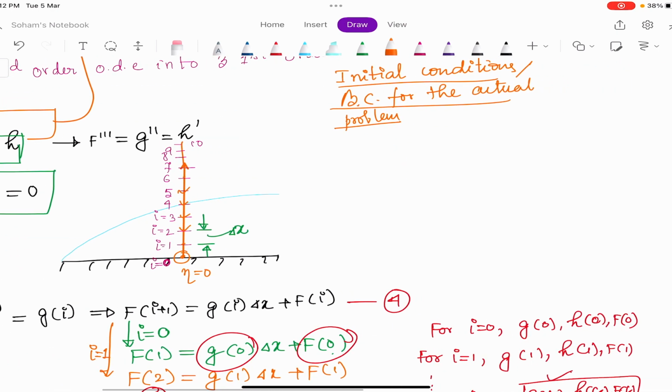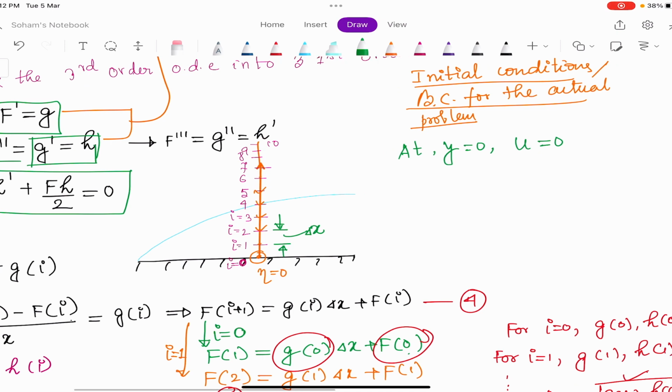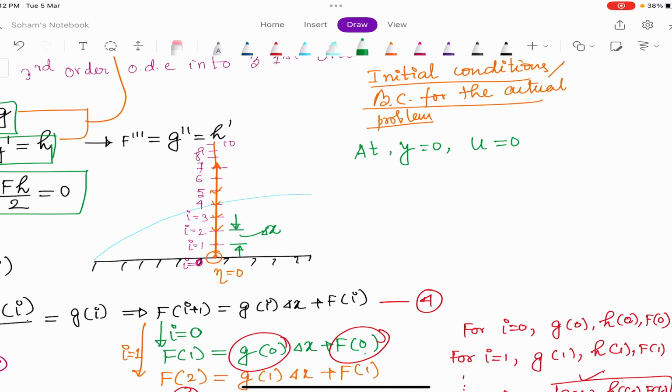So then what we have? We have at y equal to 0 the no slip condition, that is u equal to 0. And if you have watched the previous video, then you will know that eta equal to y by some parameter, that means at y equal to 0 I have eta equal to 0, and u is what?